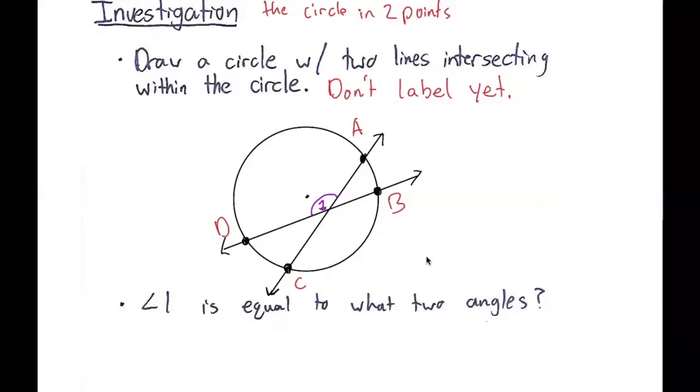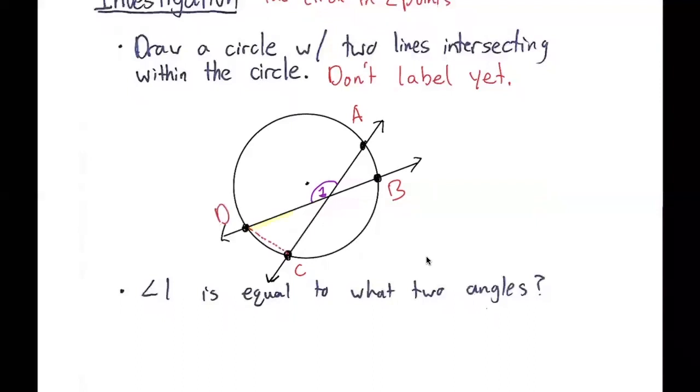Now here's a little hint. Check this out, look what I'm doing. I'm going to connect DC. Boom, now we have a triangle here. So angle 1 in relationship to that triangle, right? Let's look here, angle 1. You guys remember this throwback?